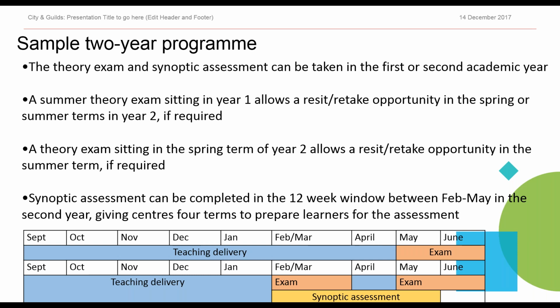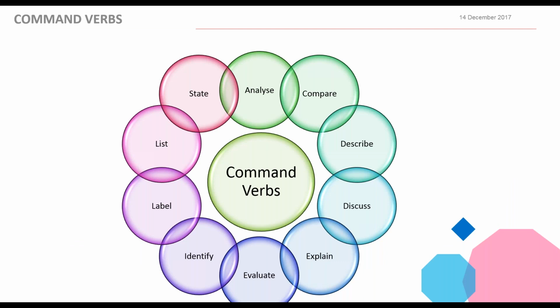It opens up a significant flexibility to your programme over a 3-year series, but I'm happy to take any questions at the end. The benefit of doing it over a 3-year period is that you can sit the Synoptic in the second year when they've got those practical skills, but then you've still got the 3rd year for a resit opportunity just in case they don't pass the Synoptic Assessment in year 2.